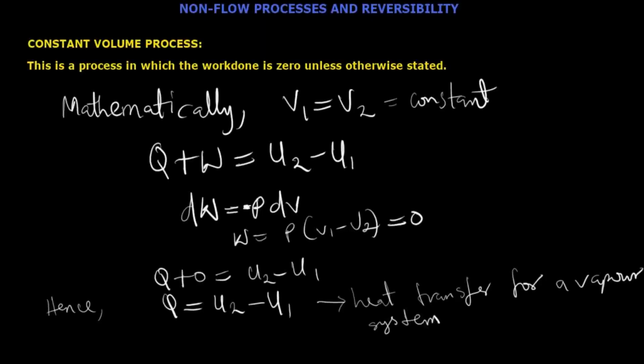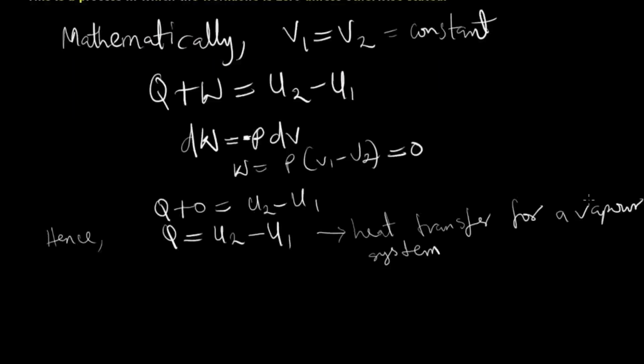Just like we all know, remember that PV is also equal to mRT, where R is the specific gas constant of a perfect gas.